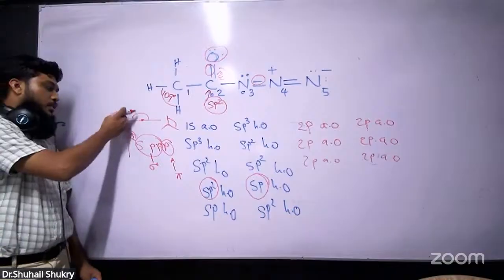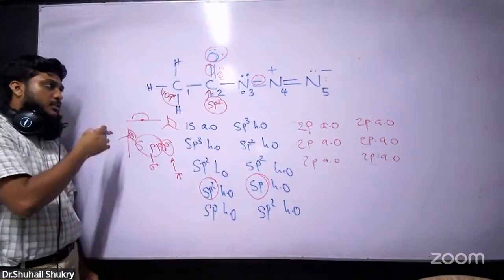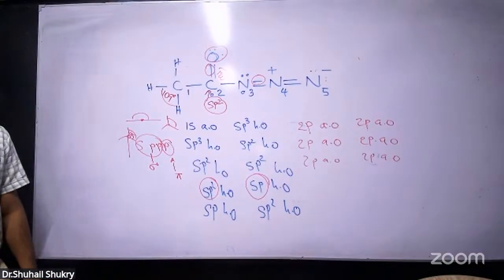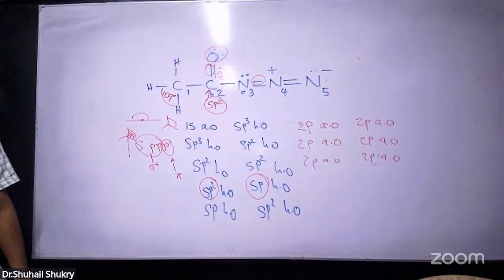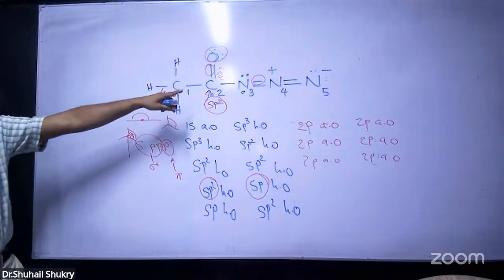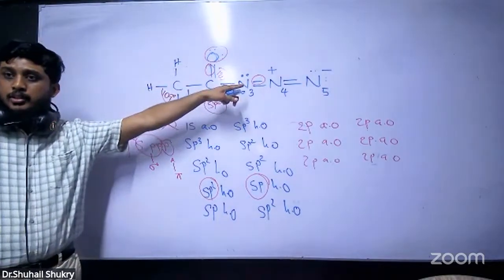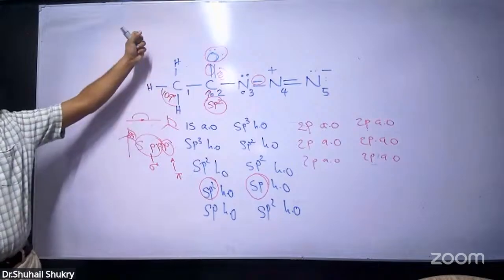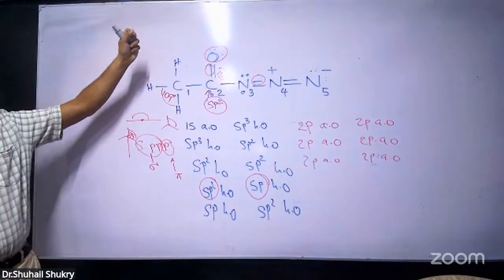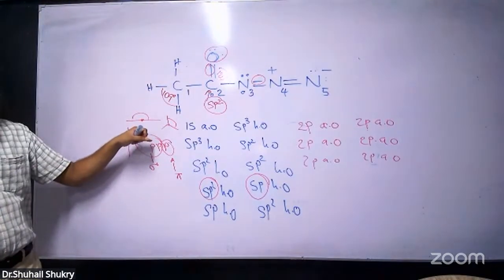And if you remove 1, then the next one, N3. N3 is angular. How did angular come? They have removed one from the trigonal plane. If you remove one from a trigonal plane, it becomes angular.